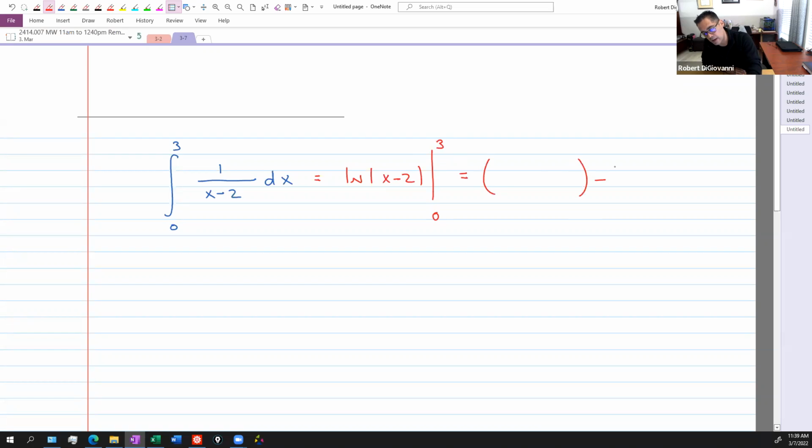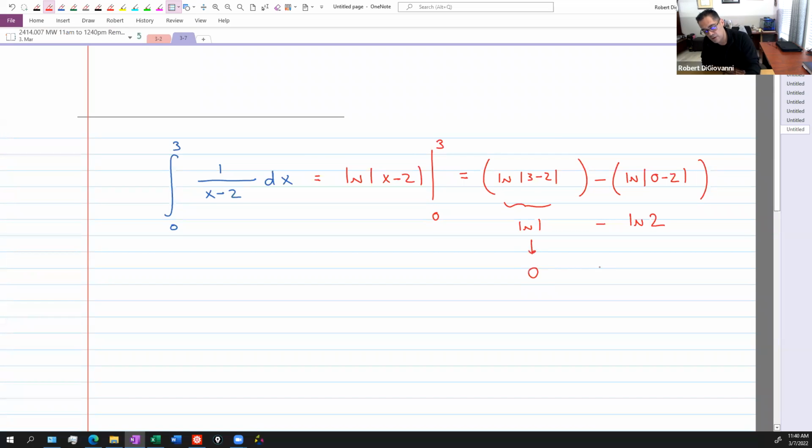And so you plug in 3. If you plug in 3, you get natural log of the absolute value of 3 minus 2. And if you plug in 0, you get natural log of the absolute value of 0 take away 2. So this is natural log of 1 minus natural log of, that's negative 2, but then absolute value, natural log of 2.